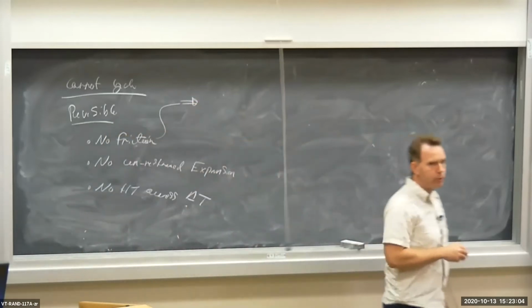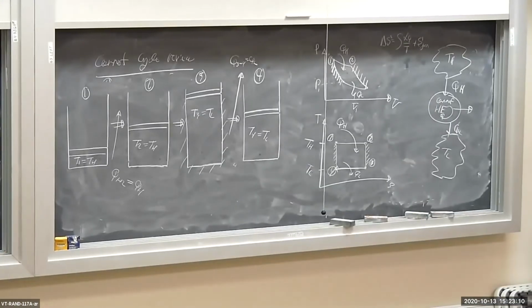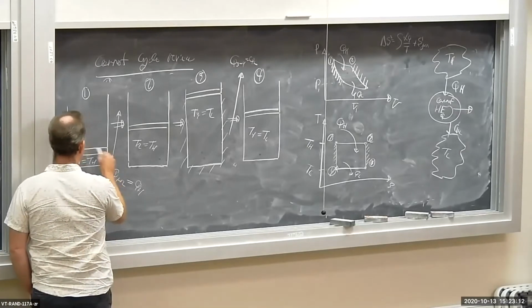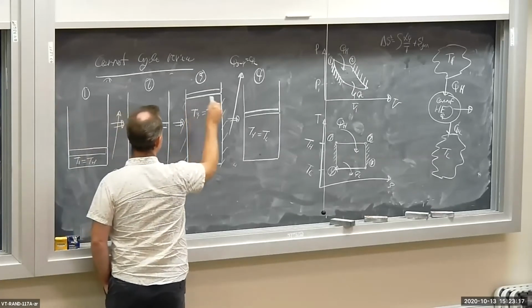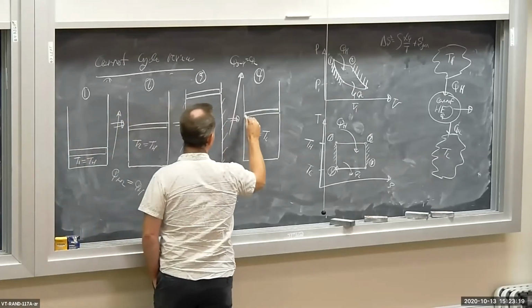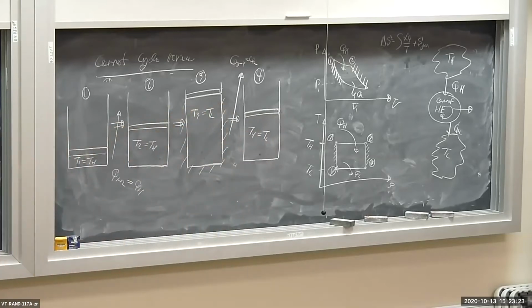We can make sure we use good oils, lots of lubrication. In this piston and cylinder, there's going to be friction between the piston wall and the cylinder wall. So we would need good lubrication, in theory, perfect lubrication.